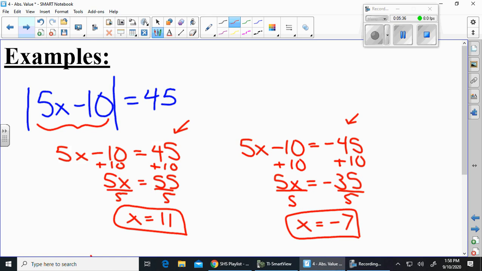If you check 5 times 11 is 55, minus 10 is 45. If I take the absolute value of that, I get 45. If I check negative 7, 5 times negative 7 is negative 35. Minus 10 is negative 45. But if I take the absolute value of that, that is going to give me 45.